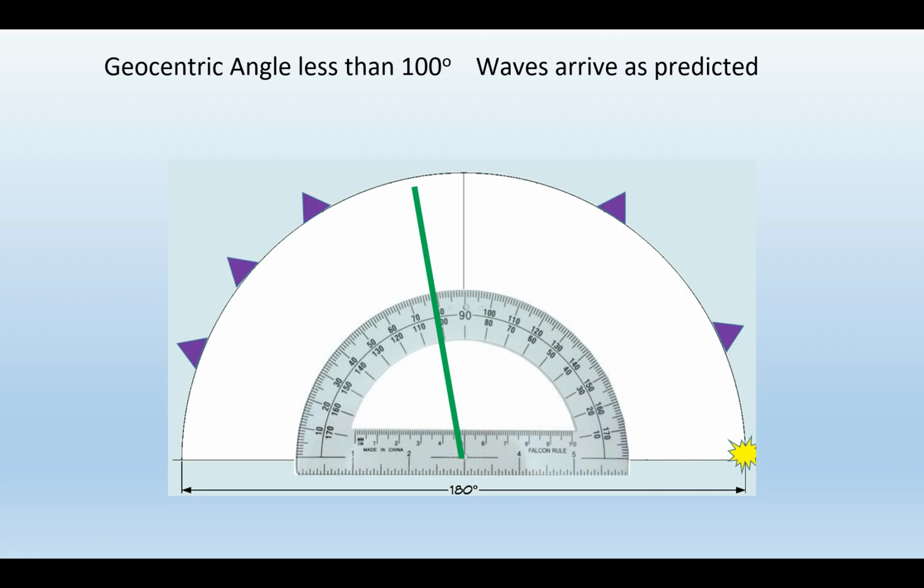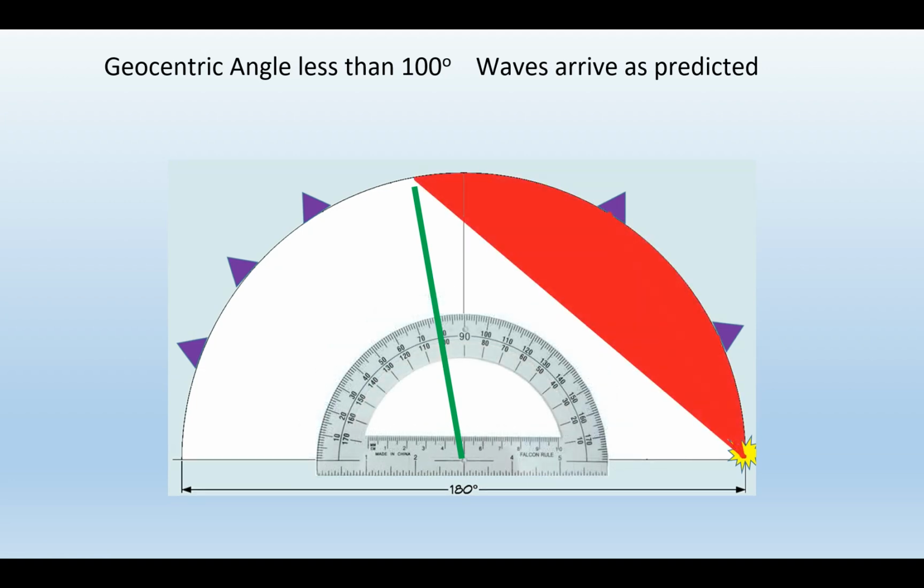So any station with a geocentric angle of about 100 degrees or less will show the seismic wave arriving just as we would predict if it were traveling through solid rock. So what we can say is all of the waves that are leaving the earthquake and going to anything less than 100 degrees, that must mean that everything above that direct line from the station to the earthquake would be solid rock.